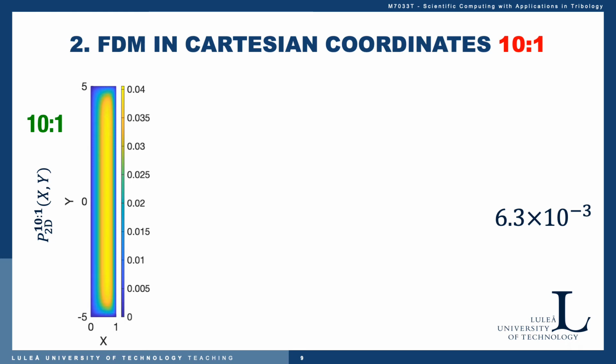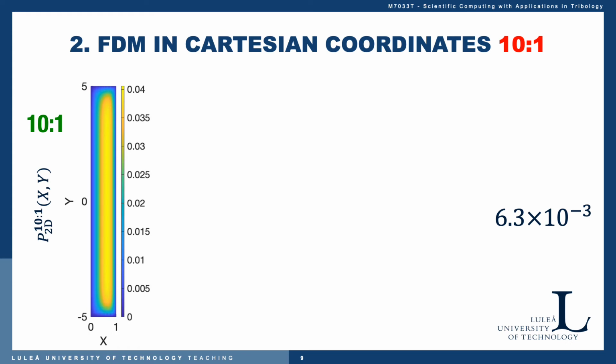And here you can see an example with a 10:1 aspect ratio, so a wide bearing. And in color here you see the pressure distribution in dimensionless form. I've denoted this by P2D, using the aspect ratio 10:1, and it's a function of both x and y, but we can see that it's very constant on a large part counting from the middle and to both sides in the y direction.